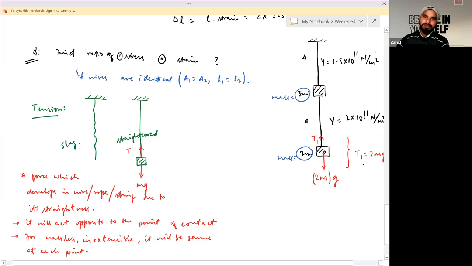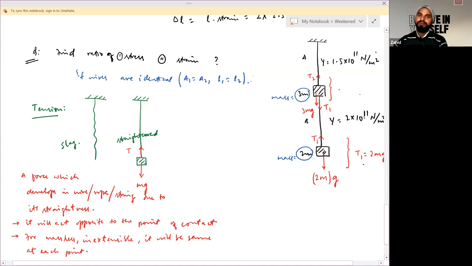Now, similar to the above part, there will be tension at this particular point of contact in the downward direction. The block having mass 3m will add another force in this direction due to this 3m mass. To balance this, there would be some tension T2 in the upward direction.